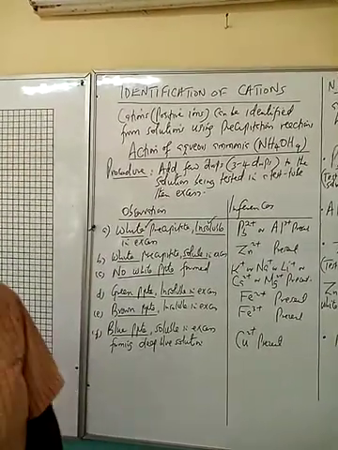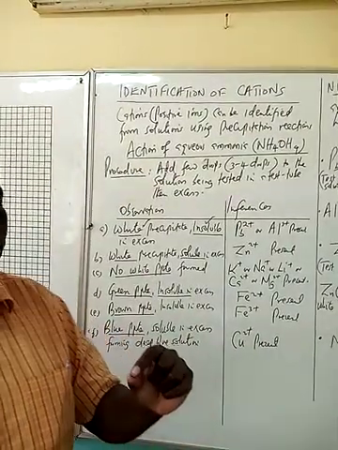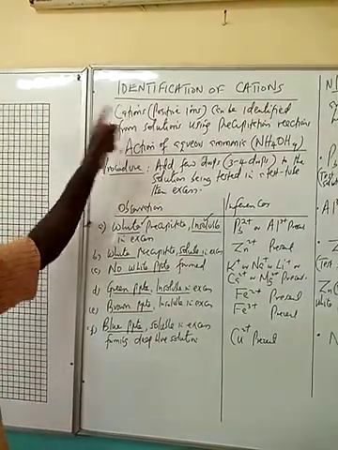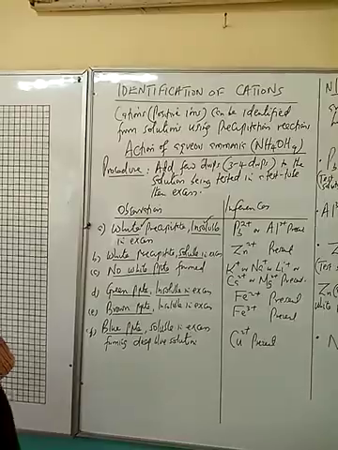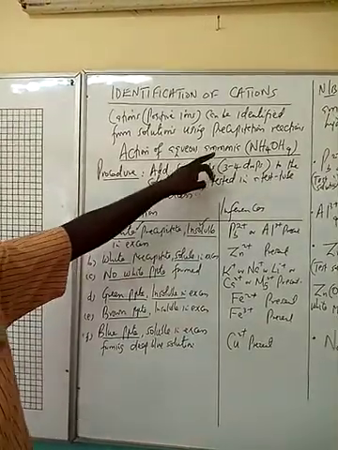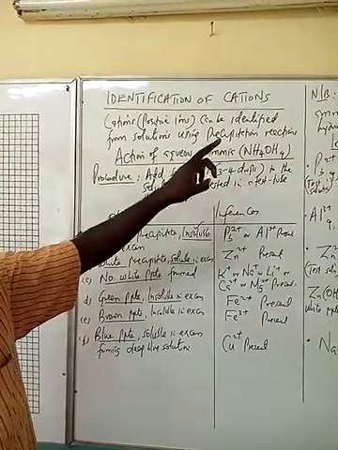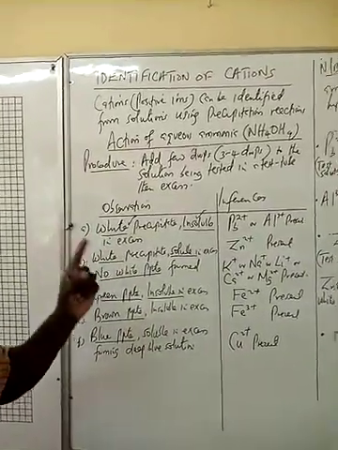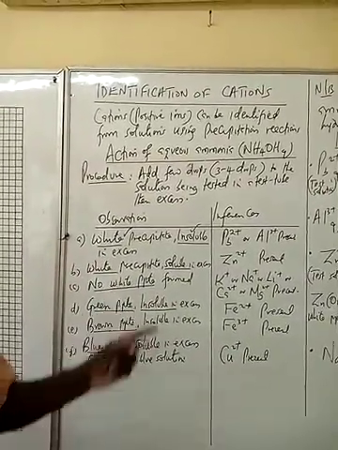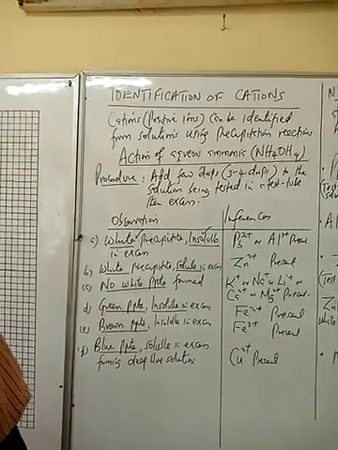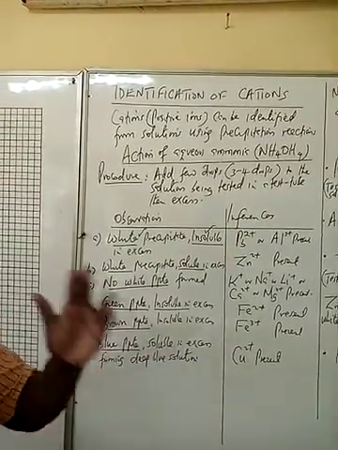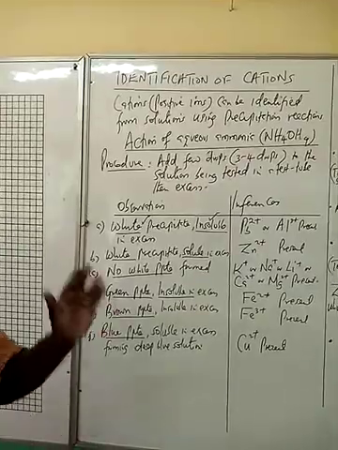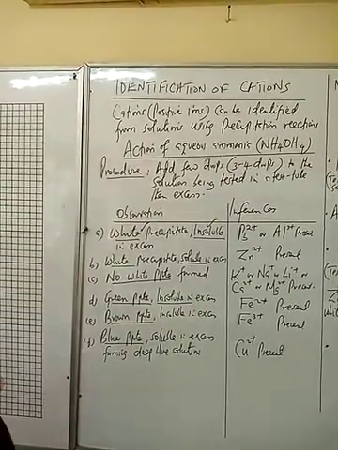We can use two chemicals to identify positively charged ions: aqueous ammonia, that's ammonium hydroxide, and a solution of sodium hydroxide or potassium hydroxide. Those are the chemicals which can be used to identify cations.